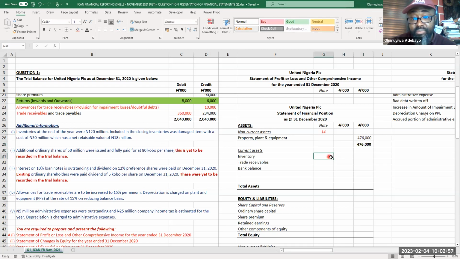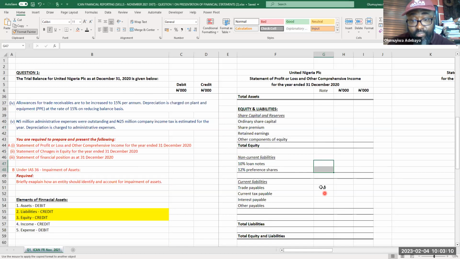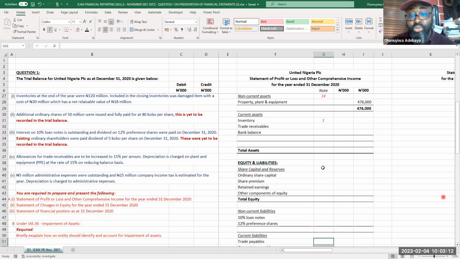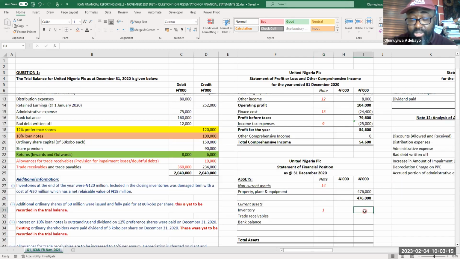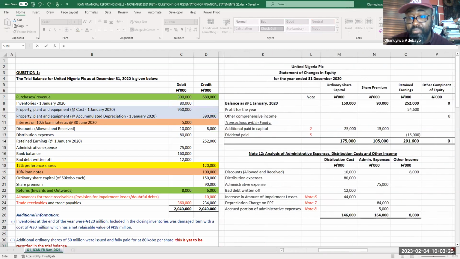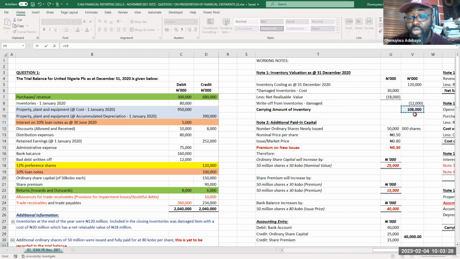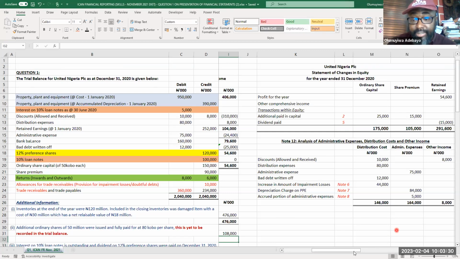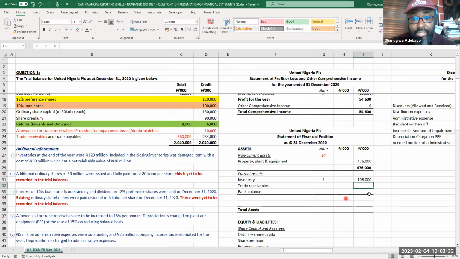Therefore, my inventory, I think I have that in note 1. Note 1. What is my note 1? $108. Okay. Trade receivable.